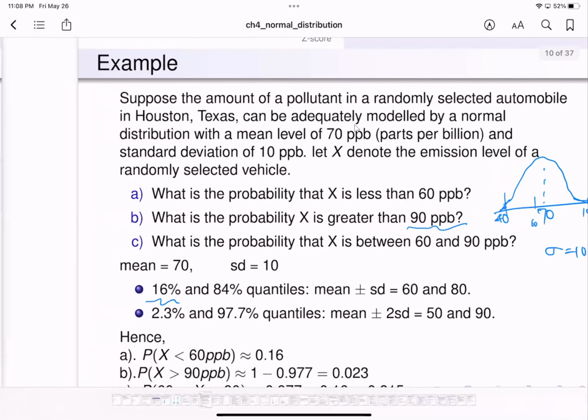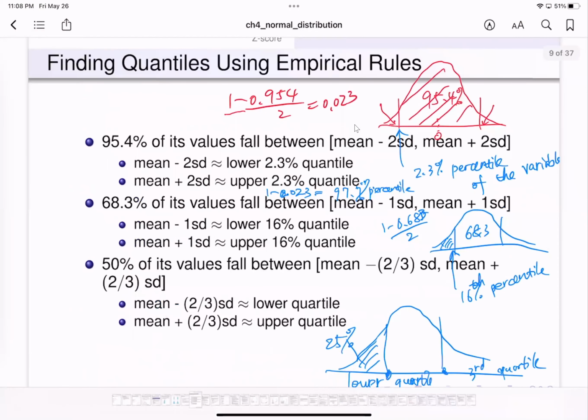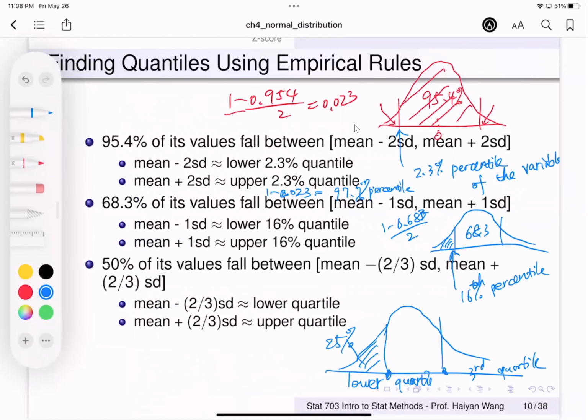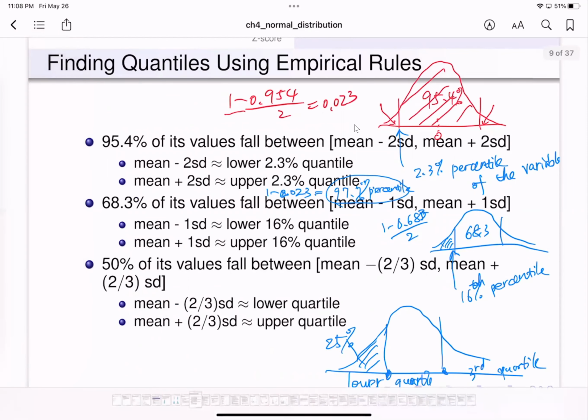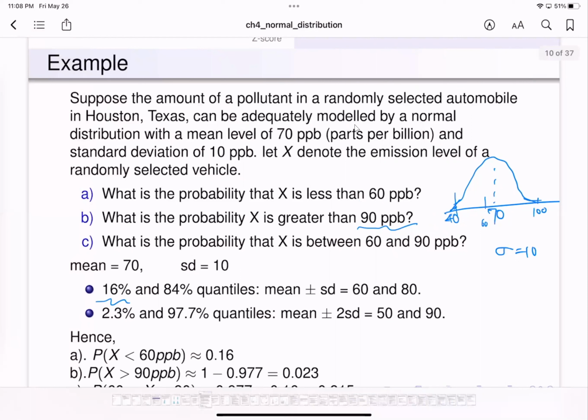So that was this one, the 97.7 percentile here, when we have 2 standard deviations above the mean. Okay, so this kind of computation relies on our familiarity with the empirical rule. It's kind of inconvenient, but later on we'll learn how to do the computation of this probability with much easier R code.